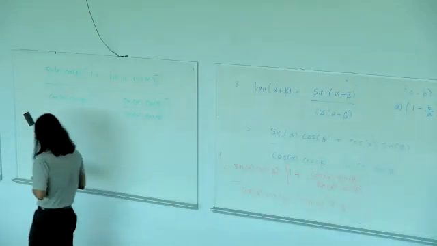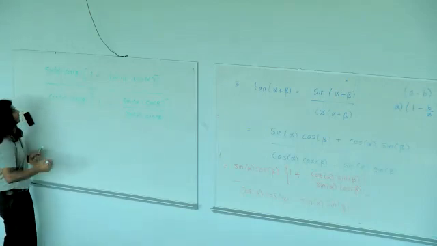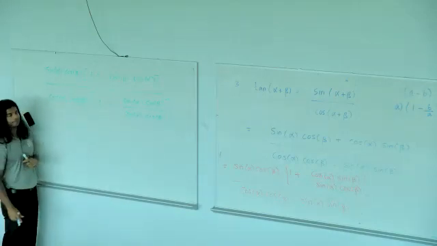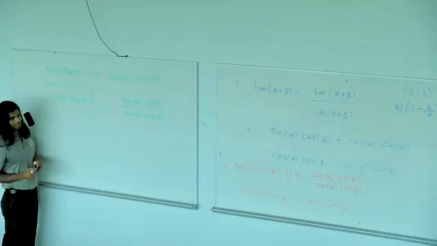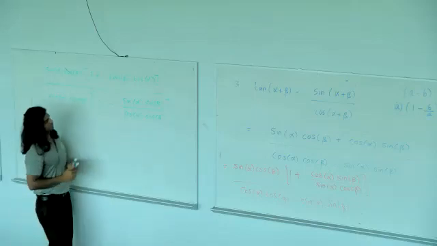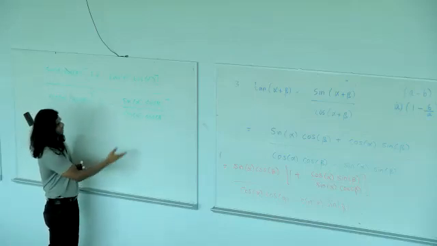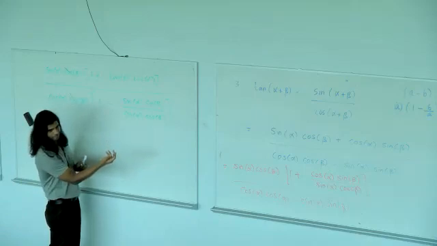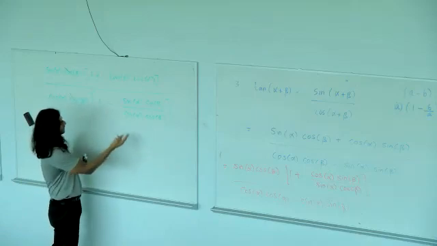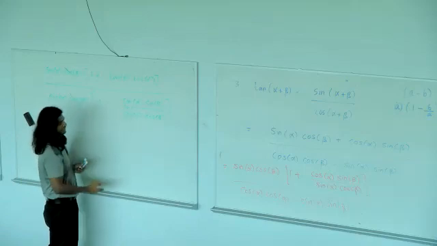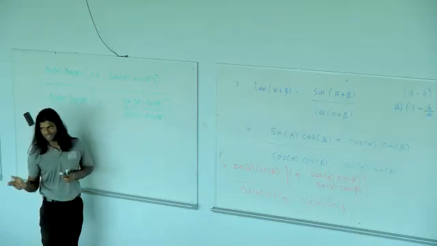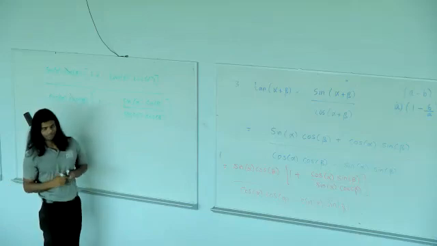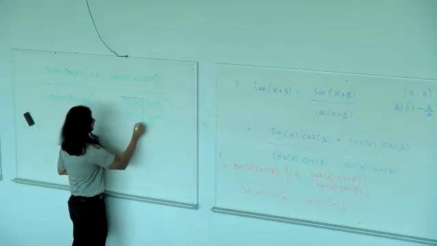Now, I can get rid of cosine beta in the top and bottom. Sine alpha divided by cosine alpha is tangent alpha.